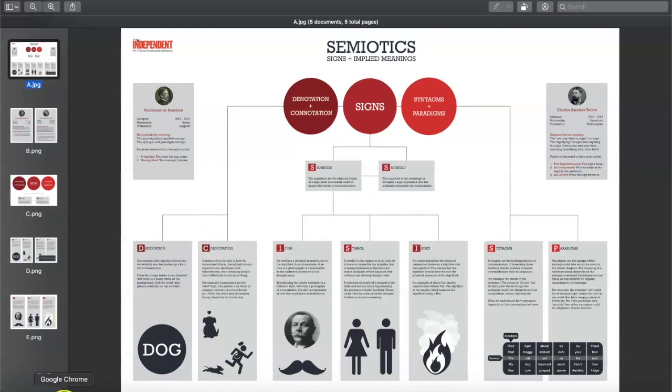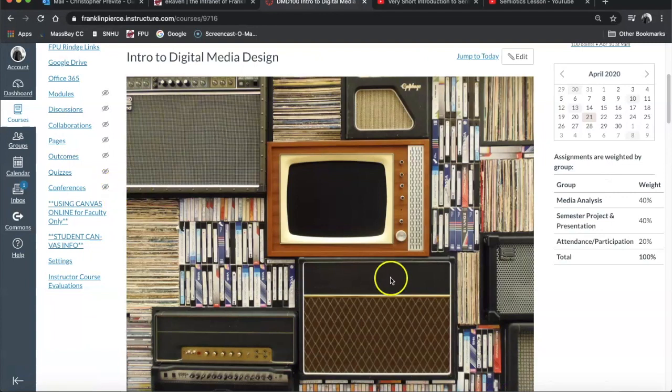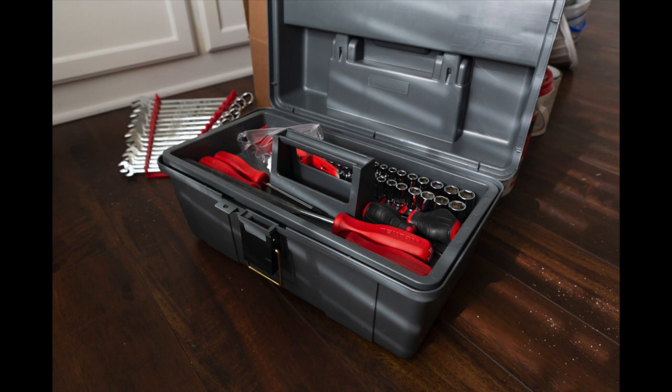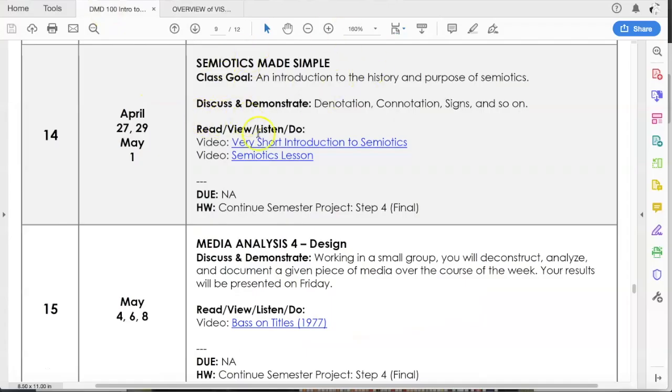Watch the two videos. That'll certainly help flesh it out a little bit more. And then you can stick that tool in your toolbox. All right, and then that's our last visual literacy tool for the semester. Just try to soak in it for a little while. And like I say, if you are really into it, you're welcome to do more research. But if not, at least I got to introduce you to the concept.